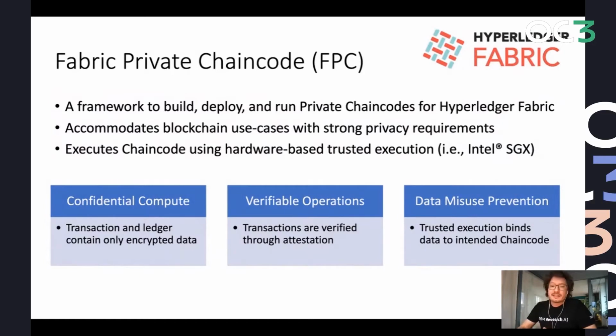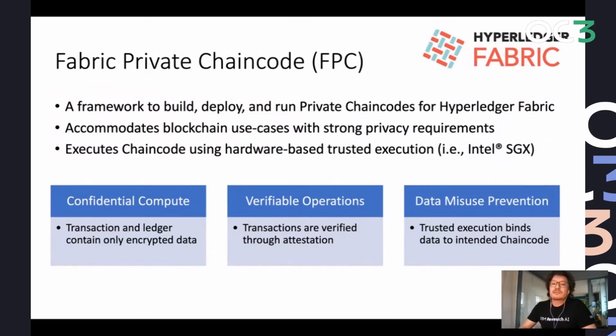By using this confidential computing technology, we essentially get three additional security properties for our blockchain system. The first one is confidential compute, which means that all the transactions and the ledger only contain encrypted data. The second is verifiable operations.